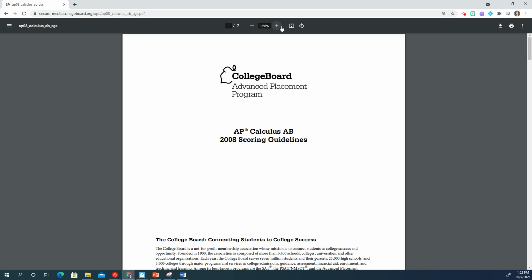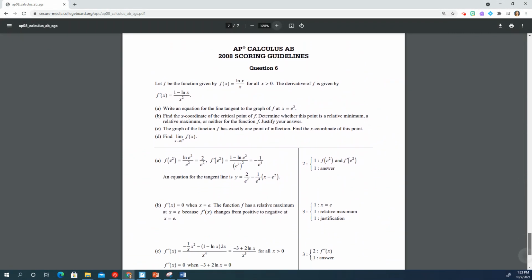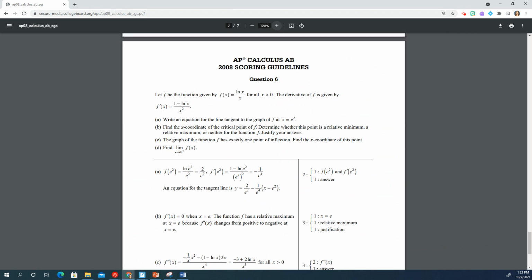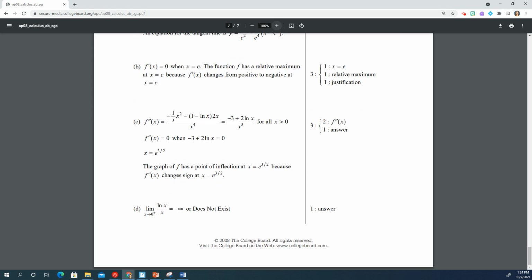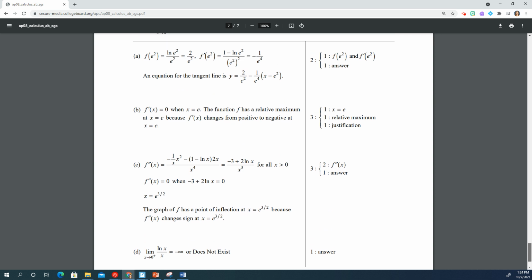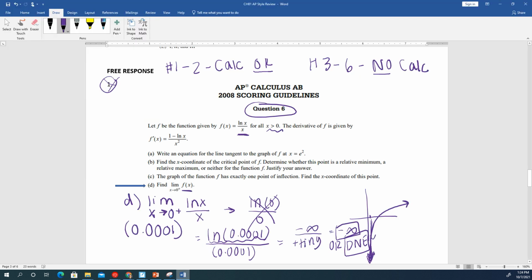If we go all the way down to question 6, here's the exact same problem, part D. Here we get negative infinity or does not exist, and that was just a 1 pointer, 1 out of 9 points for just that part. I've mentioned before, limits don't show up a whole lot on FRQs, but they can.